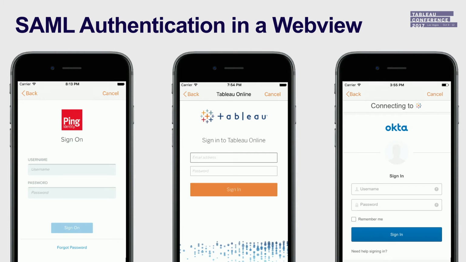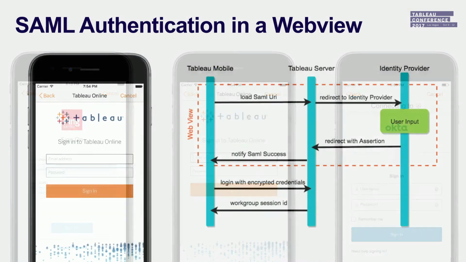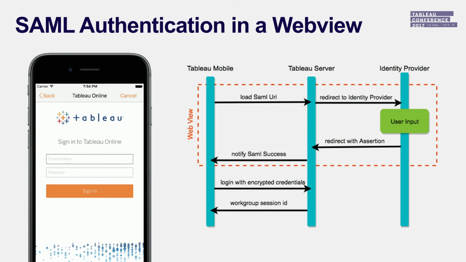There are many others. I would like to draw your attention to the screenshots. As you see, there's username and password on all the three. But it doesn't have to be username and password. SAML can have security questions as the challenge for users too. There are a few additional steps involved when connecting to a server using SAML.